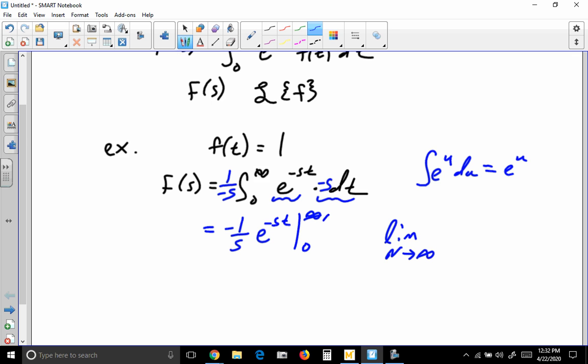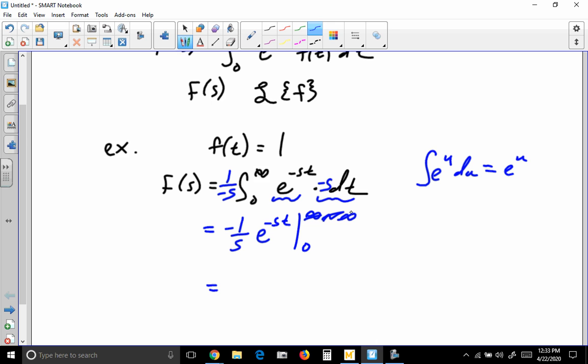So we're going to plug n in for t, and wherever we have an n, we're going to let that go to infinity. I may be a little lax with my notation here and just use infinity instead. But just think about when we're plugging infinity in, we're really talking about what the function is approaching as we go to infinity. So what is the limit?